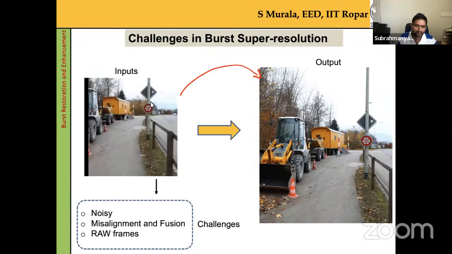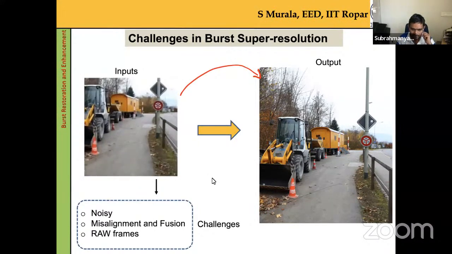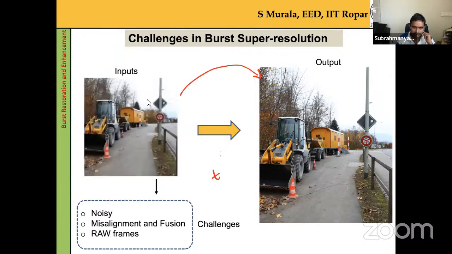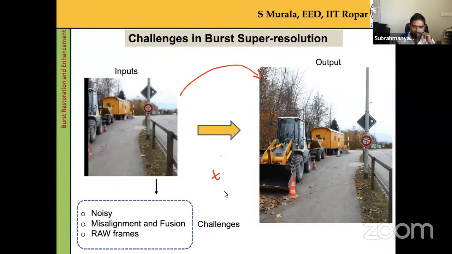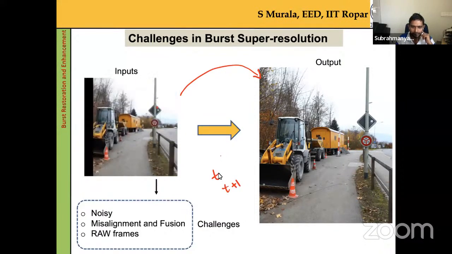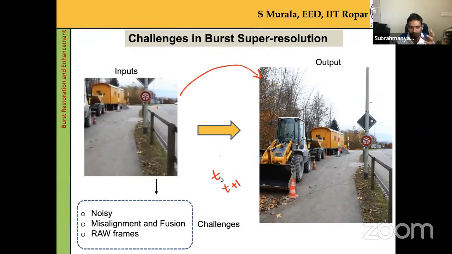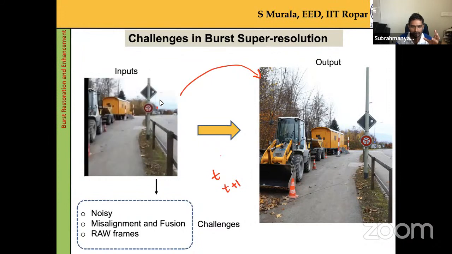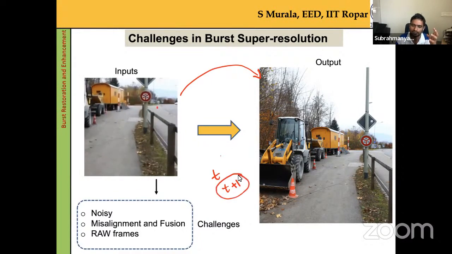Let's say I am collecting a photograph at t seconds at one location, let's say this location. Another one, like this circle one, whatever the indications are there. And if I am collecting the same at t plus one's location, maybe at the tth location there is a loss of information at that particular signboard, but at t plus one there may be information in that.